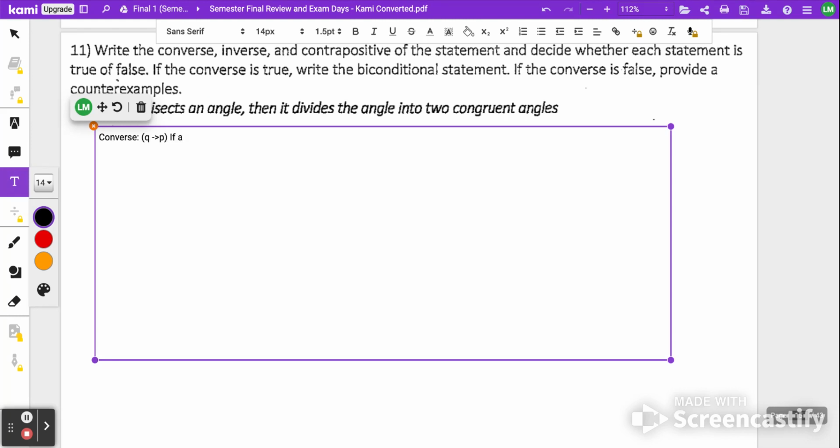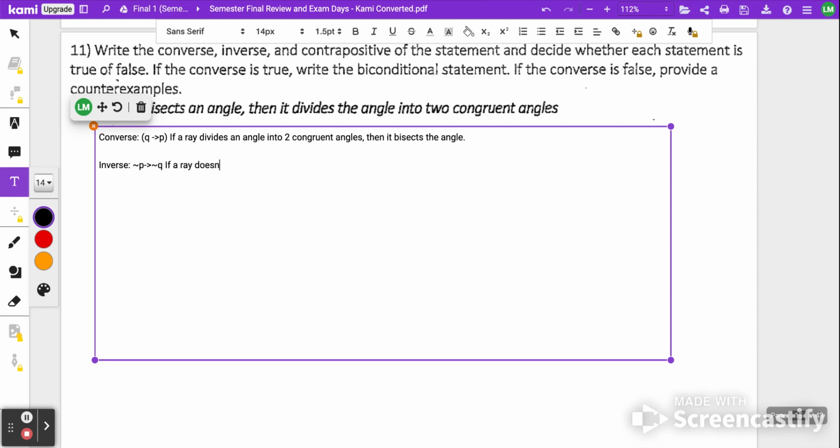So if a ray divides an angle into two congruent angles, then it bisects the angle. Okay, the inverse is not P leading to not Q. So that one would be this.